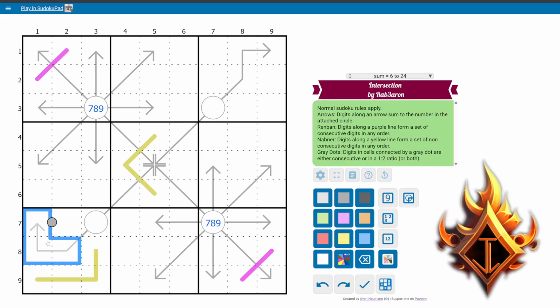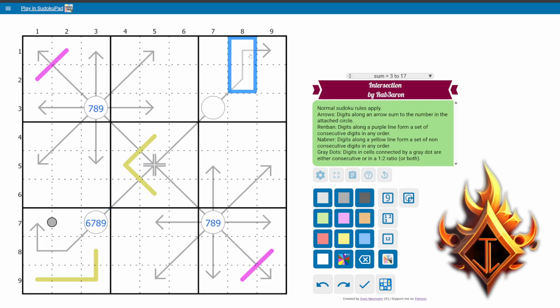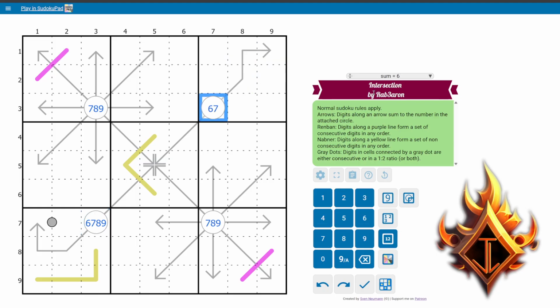This has, oh yeah, it will be useful. Because this has 3, so it will have to be at least 6, and so does that one. And I can say the same for this.